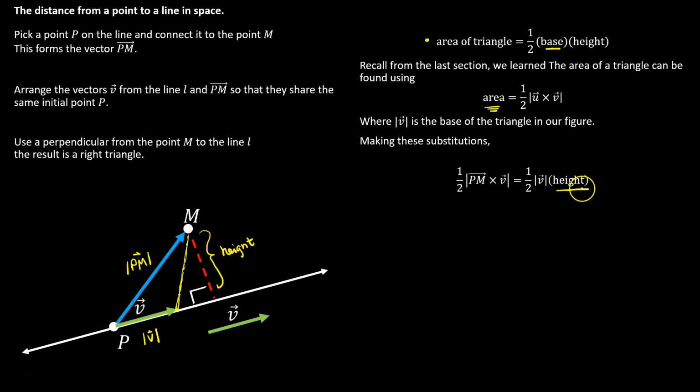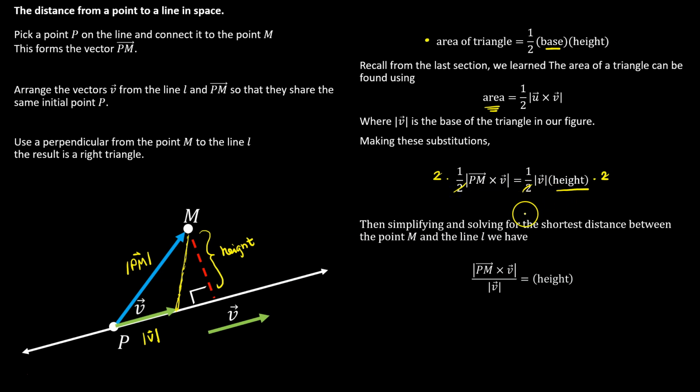We need to multiply both sides of our equation by 2. That will get rid of the 1/2. And then we need to divide by the magnitude v. That will leave us with the absolute value or magnitude of the cross product between the blue and the green vector divided by the magnitude of the green vector.